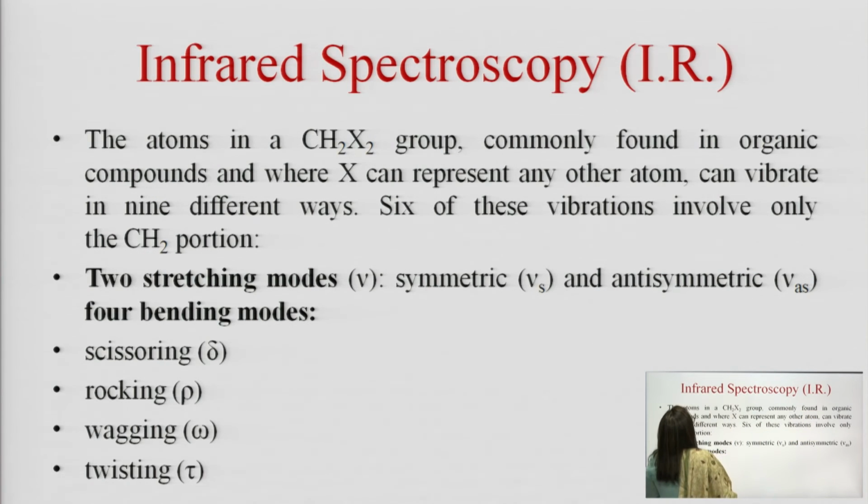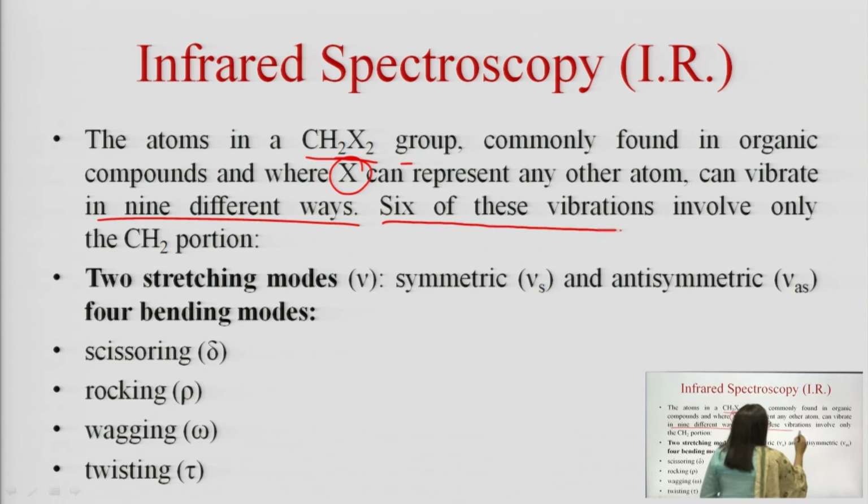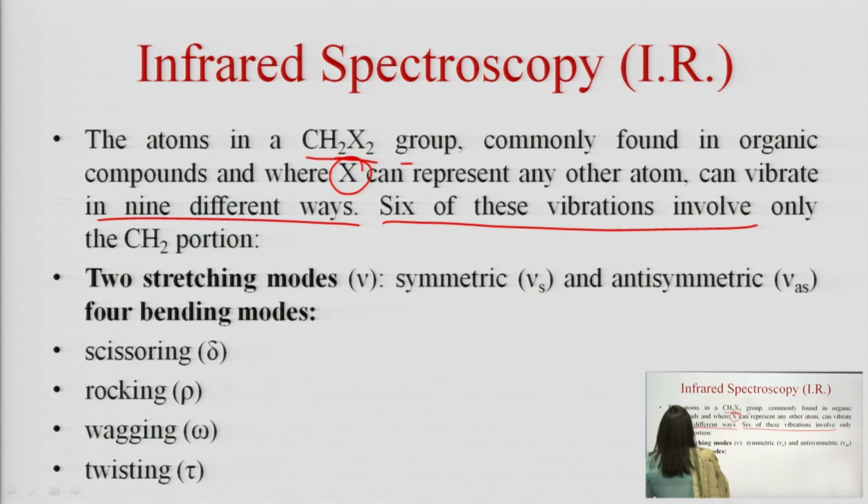The atoms in a CH2X2 group, commonly found in organic compounds, where X can represent any other atom, can vibrate in 9 different ways. 6 of these vibrations involve only the CH2 portion.